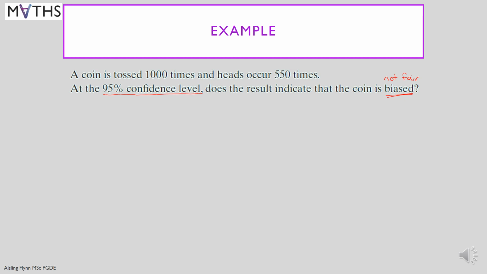For a 95% confidence level, we'll have to do the margin of error, and the coin was tossed 1,000 times, so that's our n. 1 over root 1,000, and calculate that, and I get 0.032, rounding off to 3.2% as the margin of error. Remember, the true proportion should lie between the sample proportion minus the error and the sample proportion plus the error.